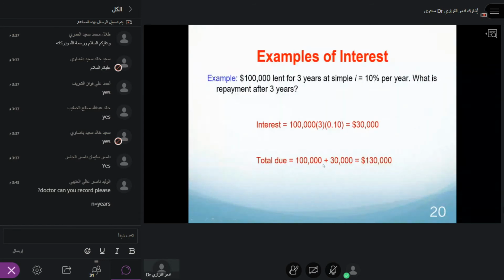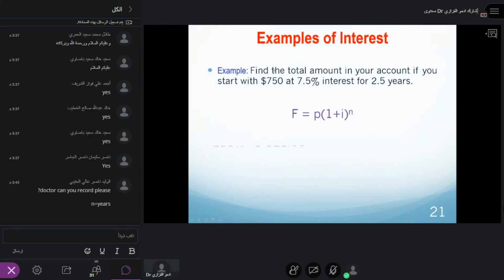You sum them up and you get $130,000. So this is how you calculate the total amount and the simple interest. Whatever they ask you to calculate, given this kind of data, you should be able to do that.